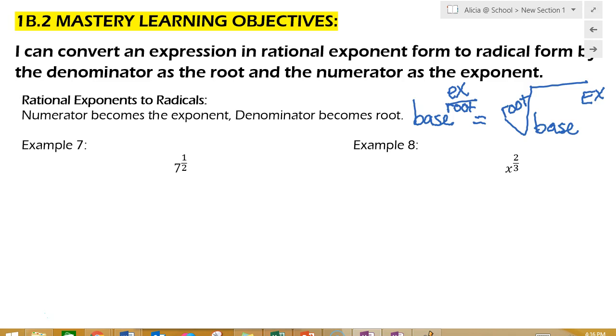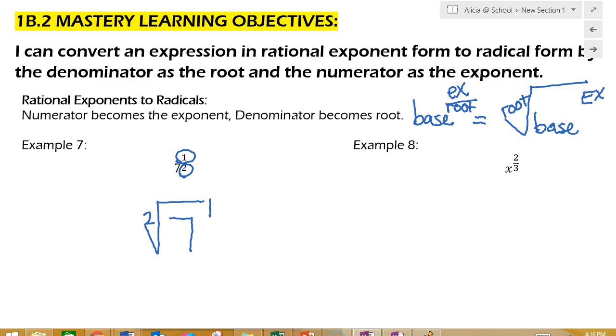Looking at the first example, number 7. Always nice to just start off with our radical symbol. We see that our base is a 7, so I'm going to go ahead and write that. The next thing is remembering that our exponent, that numerator, is going to be out here as our exponent, and that denominator, which is a 2, is going to be inside here of our radical.